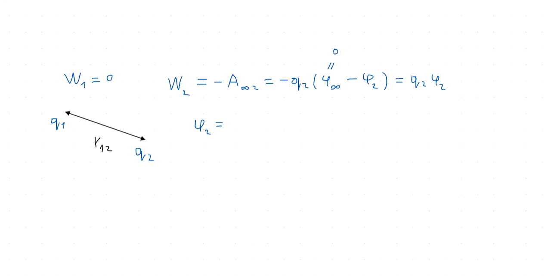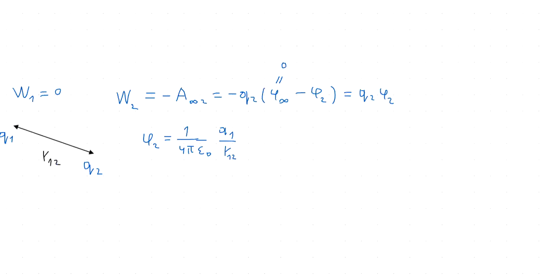So it will be 1 divided by 4 pi epsilon 0, times Q1 divided by R12.